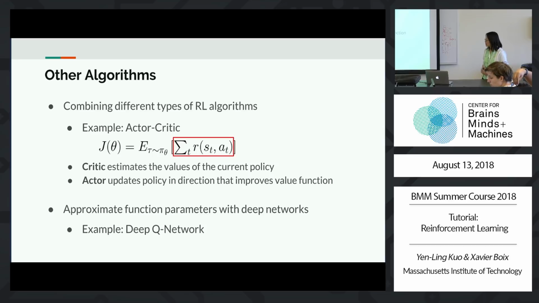One example you may have seen before is DeepMind's deep Q network. You can use it to play Atari games and get a very good score across several games. And now we will have Xavier talk about what exactly they are doing inside the DQ network.